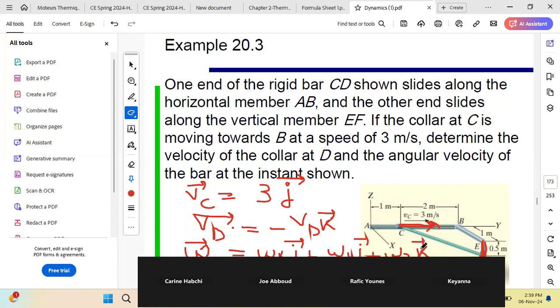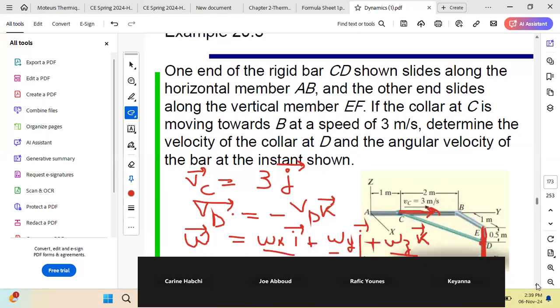Okay, and you want to determine what is VD, the velocity of the collar, and what is the angular velocity of the bar at this instant. So you want to determine omega x, omega y, and omega z. Okay. Doctor, which one has the angular velocity, AB? The CD, the rod CD. Okay, rod CD. Okay.